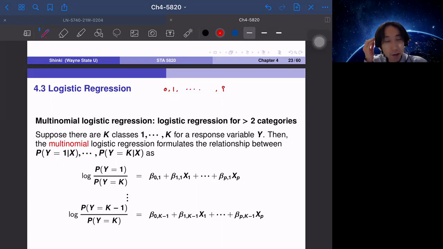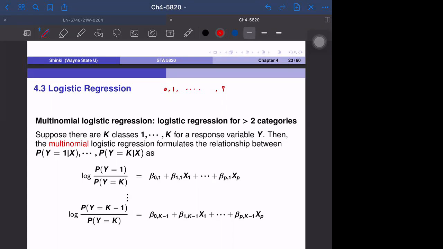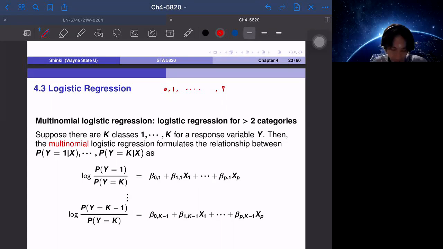Ian, did you take 6840? You took 5030, right? I took 5030 and 6840 with you. So then you covered the multinomial logistic regression. Basically, logistic regression also has a version for the multiclass case.